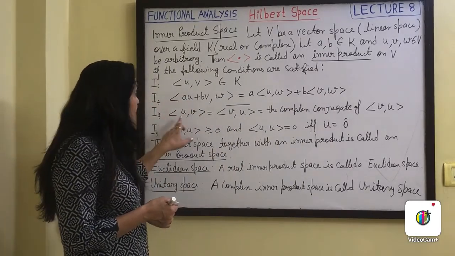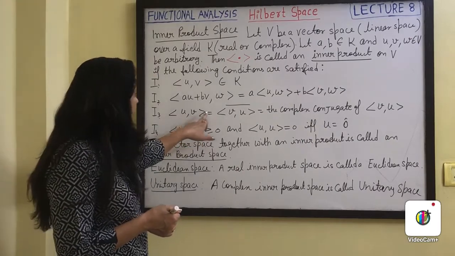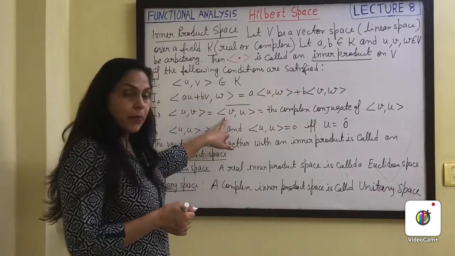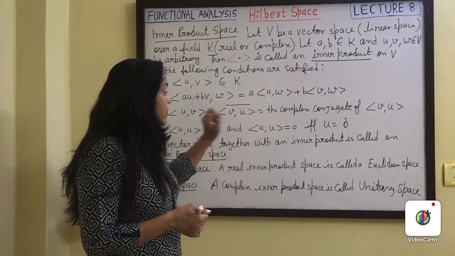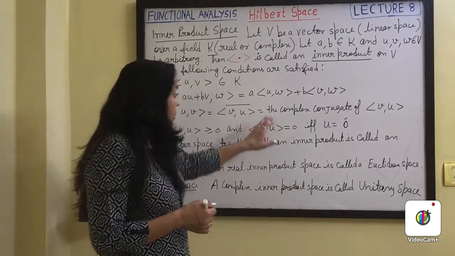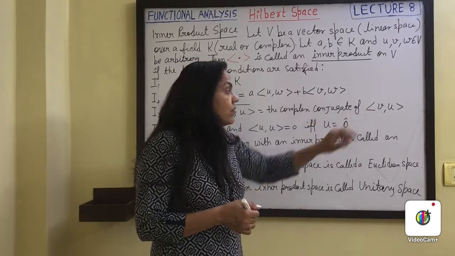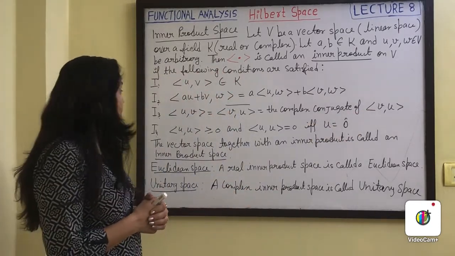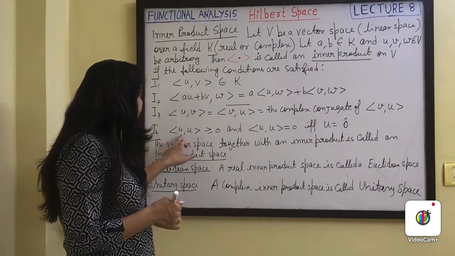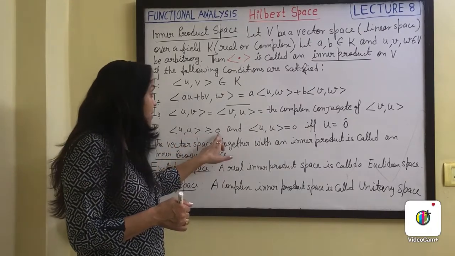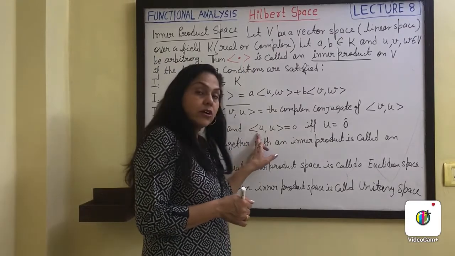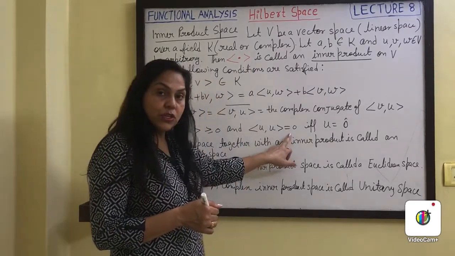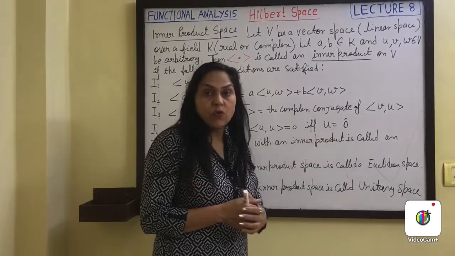Third one is inner product of u comma v is equal to the complex conjugate of inner product of v comma u. Fourth property is inner product of u comma u is greater than or equal to 0, and also inner product of u comma u is equal to 0 if and only if u is a 0 vector.